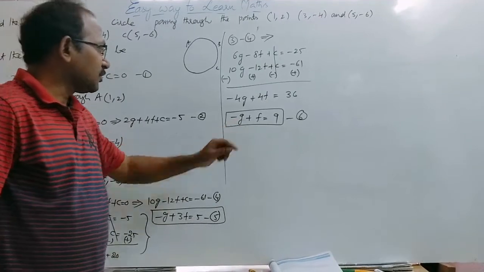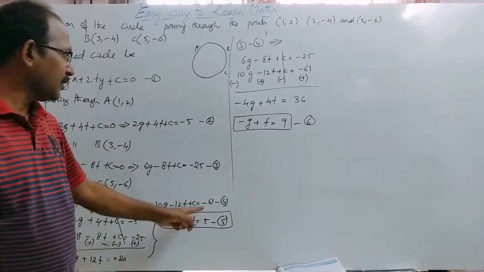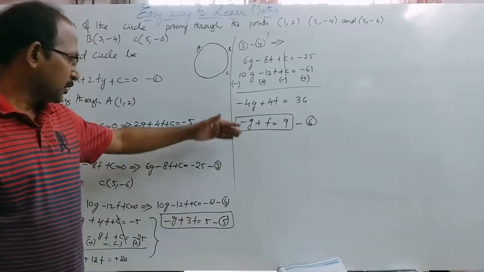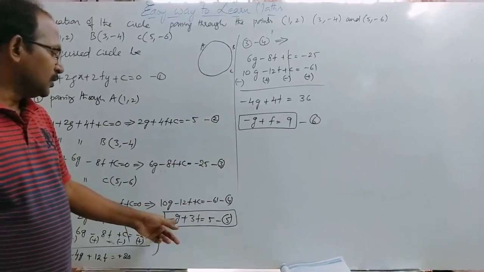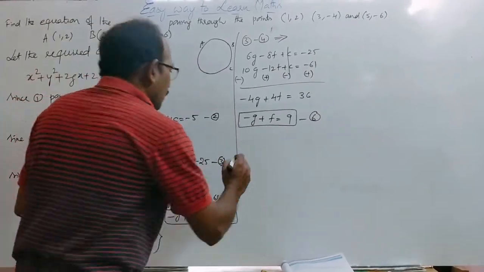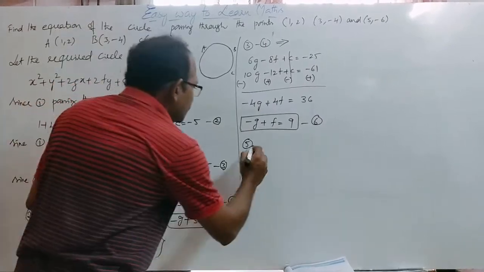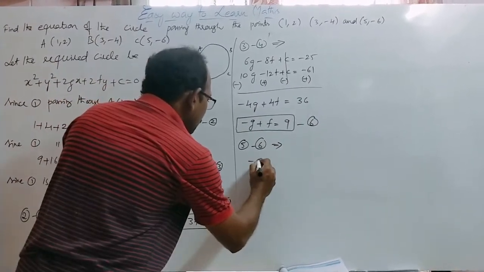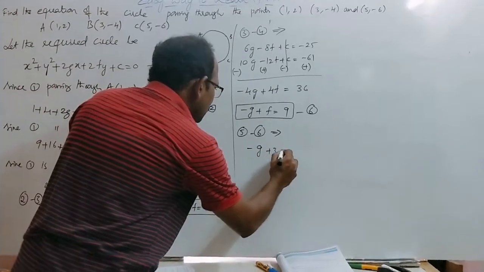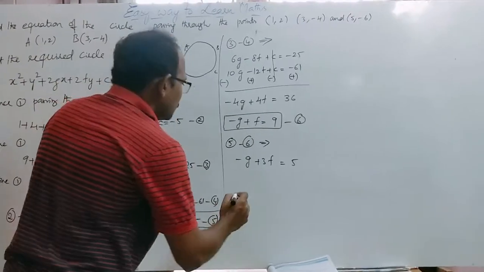Now 5 and 6 are the equations involving the two variables g and f. Let us solve these two equations to find the values of g and f. Equation 5 is minus g plus 3f is equal to 5.